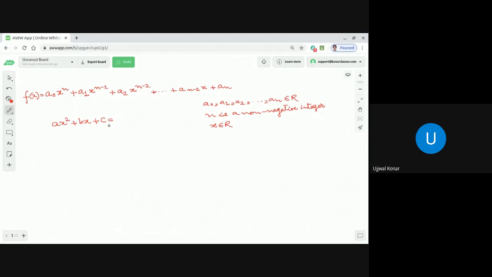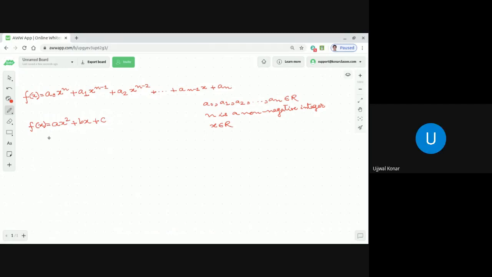But the moment we remove the equal part, that is nothing but a polynomial expression. Correct or not? Suppose we define this as f(x), then for different values of x, we will get different values of that expression. Correct or not?